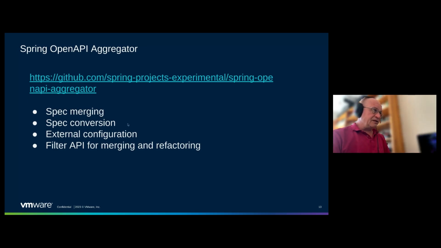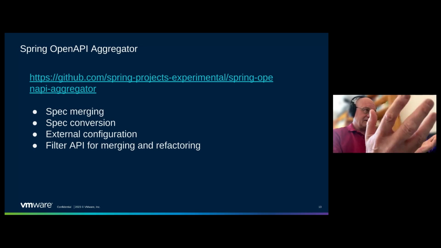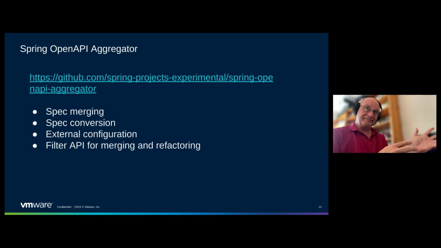Another side effect that fell out of the existing libraries that it depends on is that you can use it to convert OpenAPI 2, so Swagger version 2, into OpenAPI version 3. It just does that for you. You don't have to do anything. So if any of the backend systems is old and has a version 2 spec, it will be converted into a version 3 spec automatically.